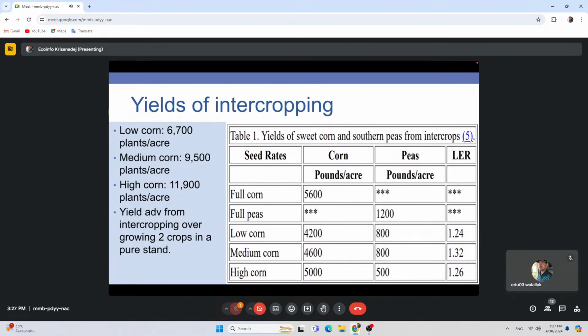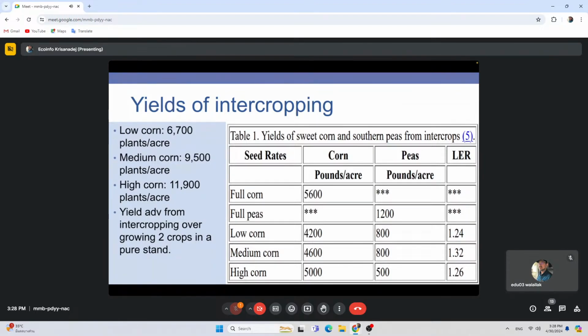This is corn in pounds per acre, and this is a hypothetical situation. If you do only corn, you will get 5,600, and if you do only pea, you get 1,200 peas. And let's say you do low density corn, medium density corn, and high density corn. Okay, what will you get?